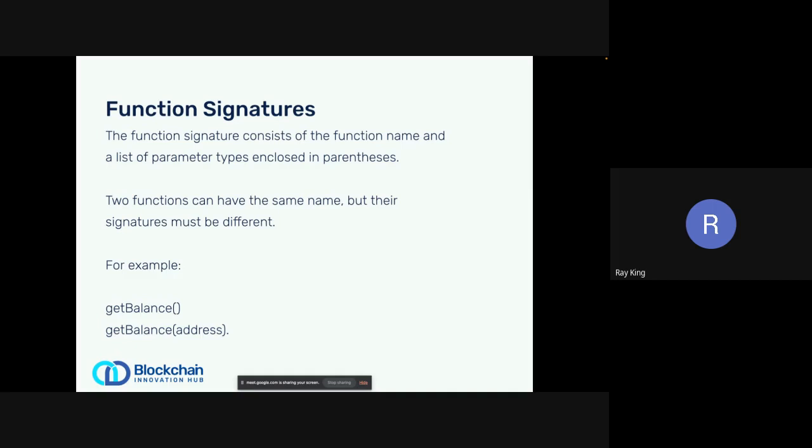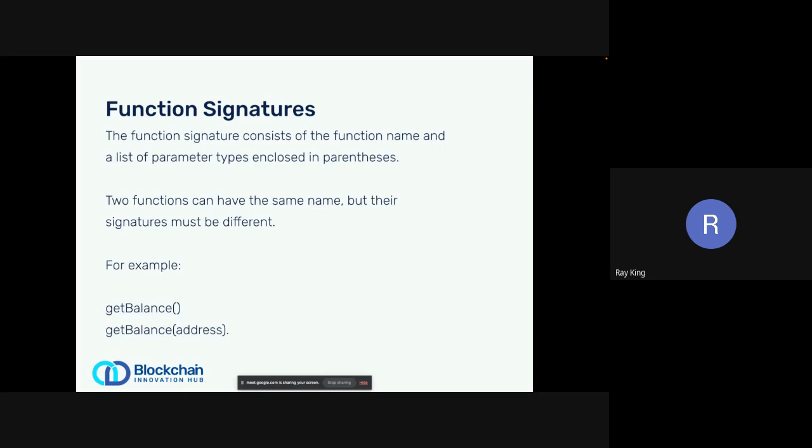Now, with the function signature, you can have 2 functions with the same name. Those of us coming from different backgrounds, probably from JavaScript, would know that you cannot write 2 functions with the same name. It won't allow you. But in Solidity, making use of function signatures, you can have 2 functions with the same name, but the signatures must be different. What do we mean?